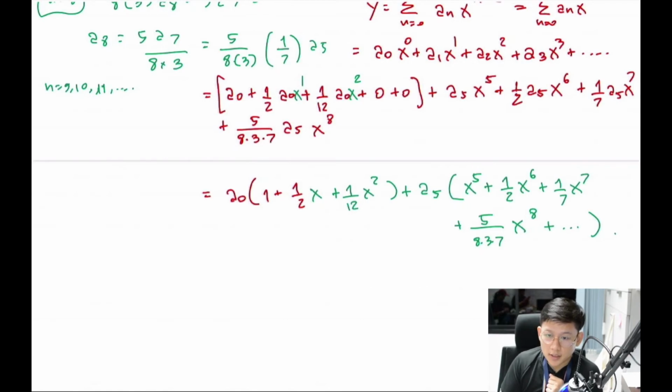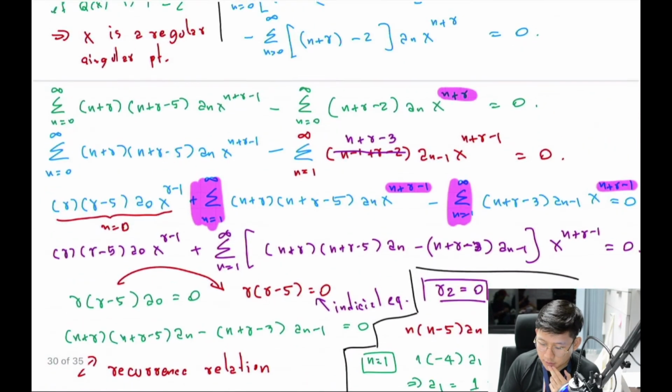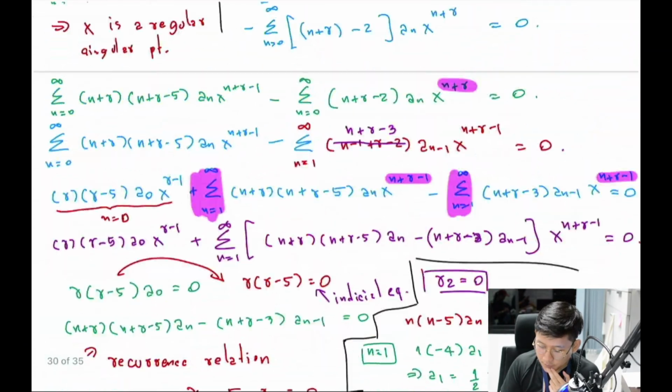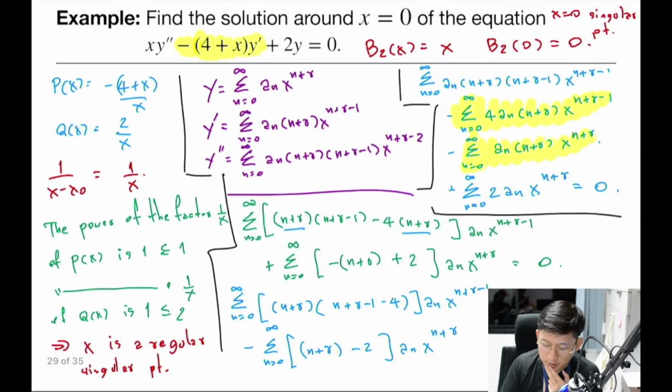Okay, let me wrap it up. So first we look at the equation, and then we checked whether or not x equals 0 is a regular singular point, which is what we did here. After that we find y in terms of a n x to the n plus r, summation n from 0 to infinity, and then we take y prime, y double prime. After that we do substitution, right?